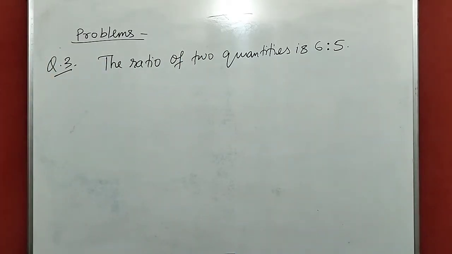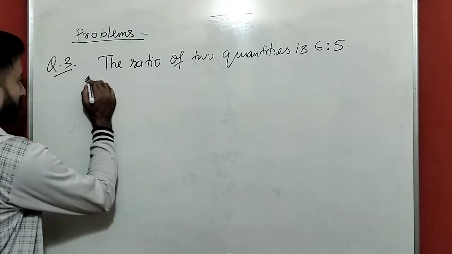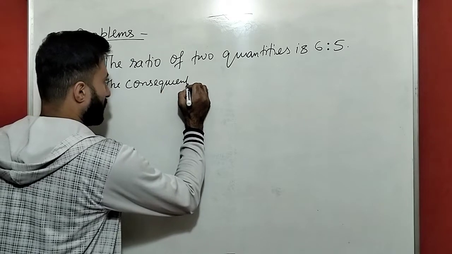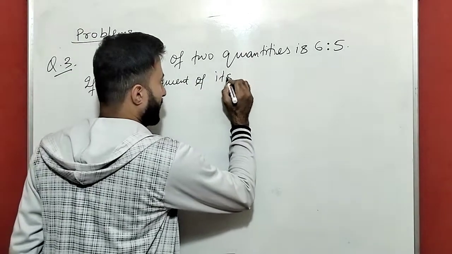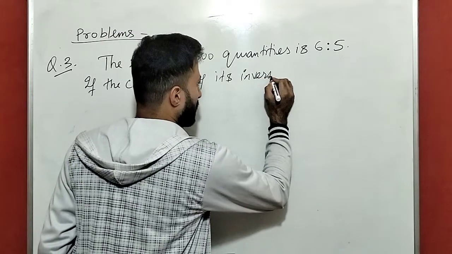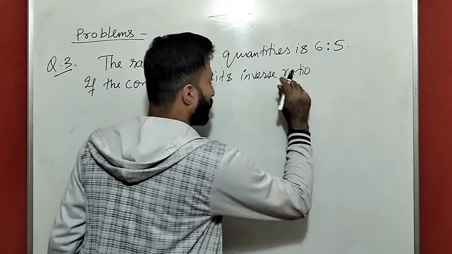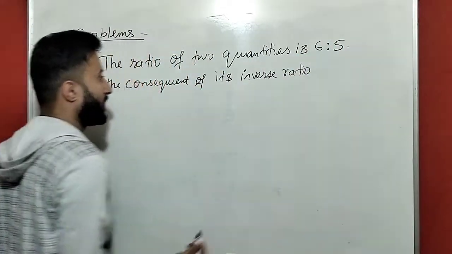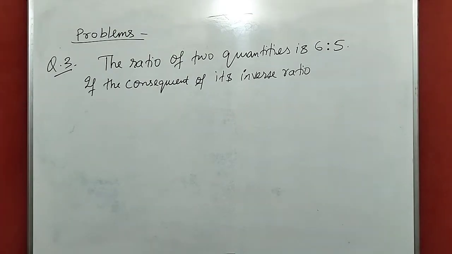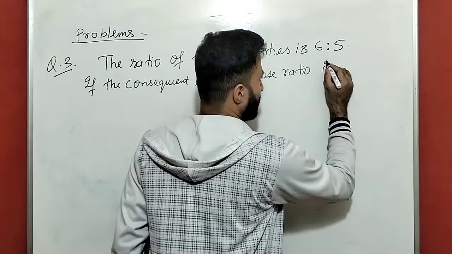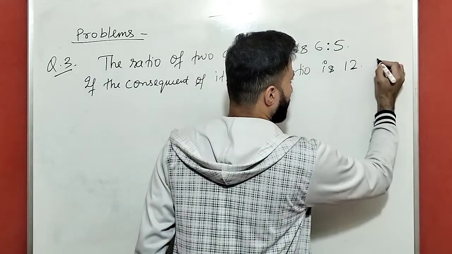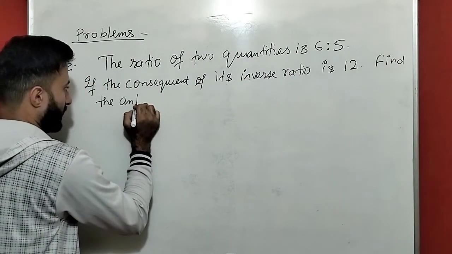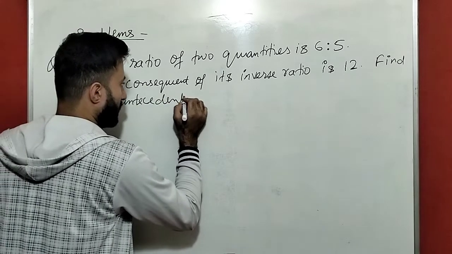If the consequent of its inverse ratio is 12, you have to find the antecedent. It means they have given the consequent of the inverse ratio, not the consequent of this ratio.